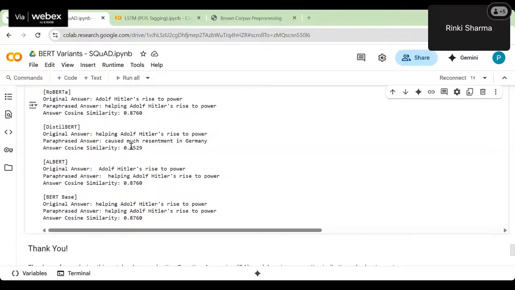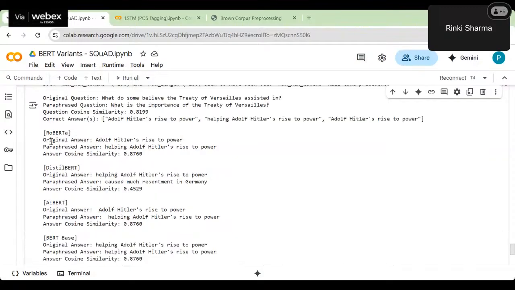Similarly, BERT Base is also predicting the answer correctly for both the cases, for the original question as well as for the paraphrased question.